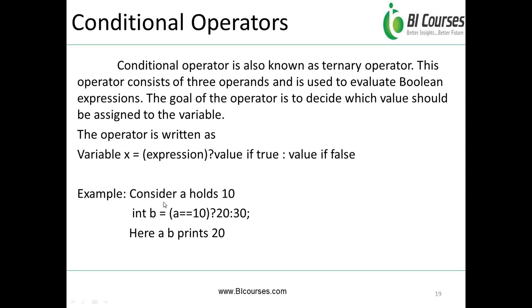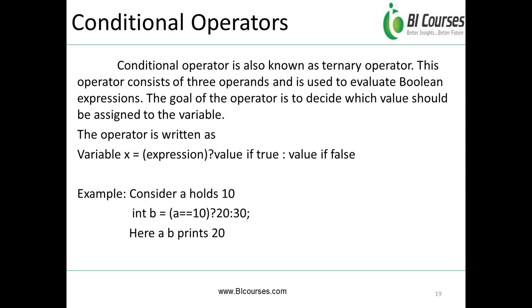For example, here a holds 10. Now integer b equals a double equals 10 question mark 20 colon 30. Double equals checks whether a equals 10 or not. Yes, a equals 10, so it is true.